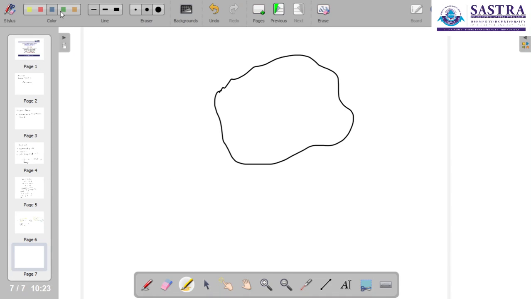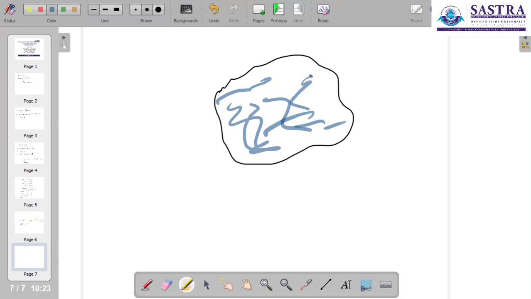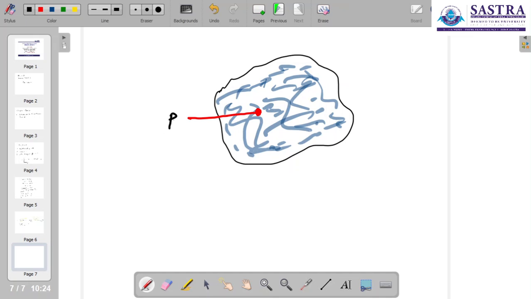I'm just drawing it randomly to denote that there is a gas, it could be air, and you have set a probe and you are measuring through the probe, let's say, pressure, right? Now this could have been even a temperature measurement probe for that matter. So you are measuring here.